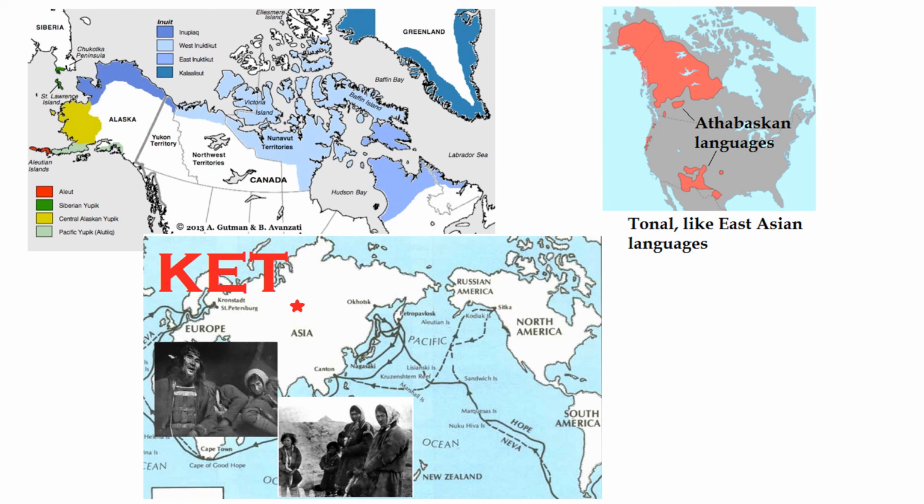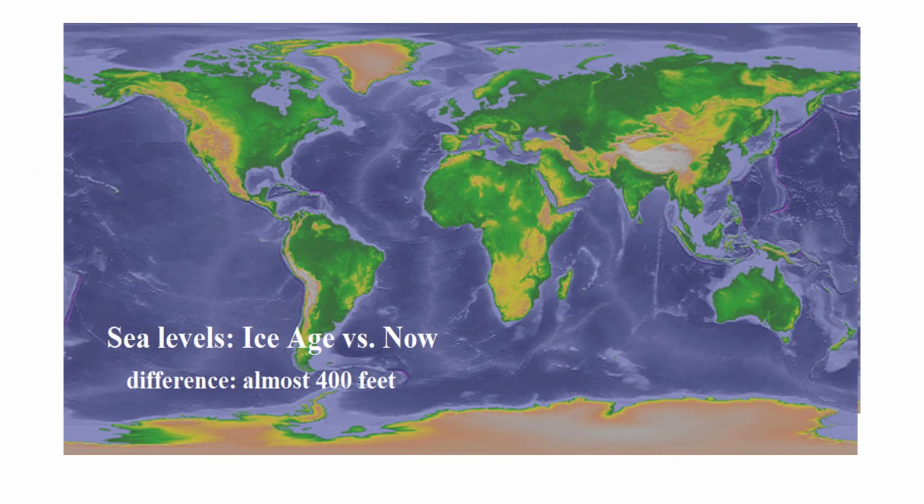All right, well, once that ice age was well and good over, and the ice started to melt, of course that ice has to go somewhere. It turns into water and goes into the ocean, and that makes the ocean levels rise.